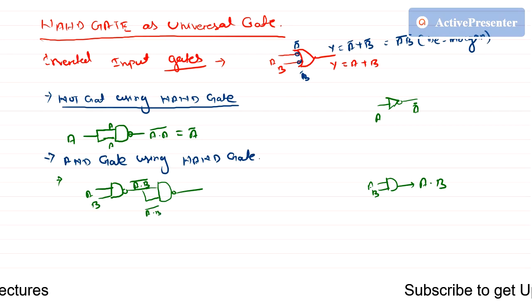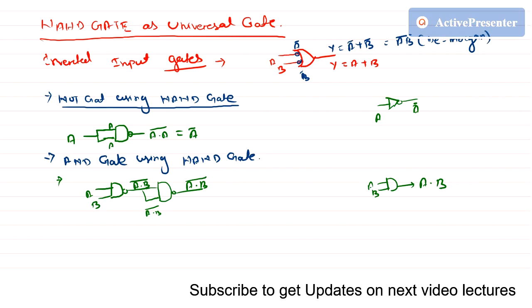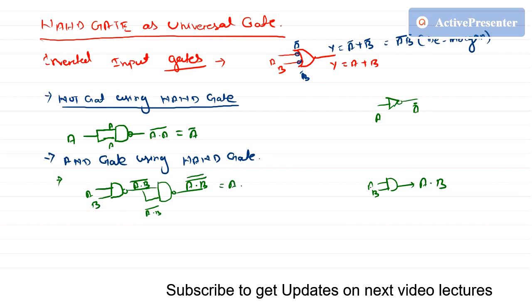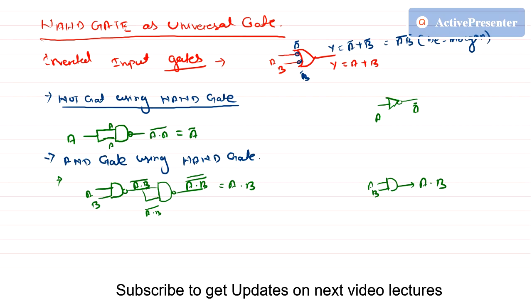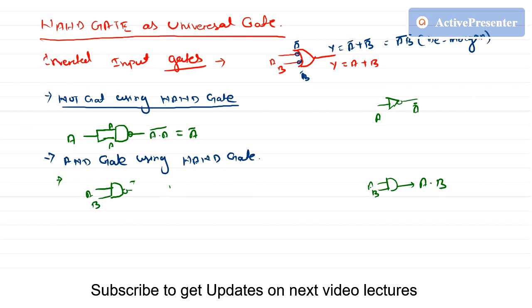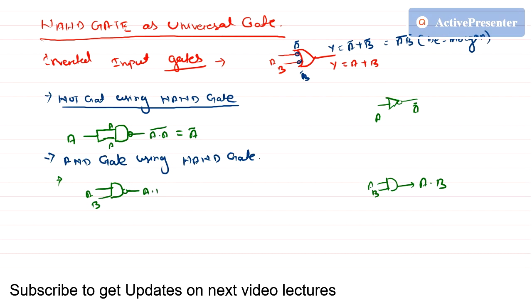The same input I am giving to another NAND gate as input, so the output will be A dot B bar whole bar, so that will be equal to A dot B. So understood how this is happening? If you want to make a NOT gate, okay, let me do it in another way, it will be easier for you.